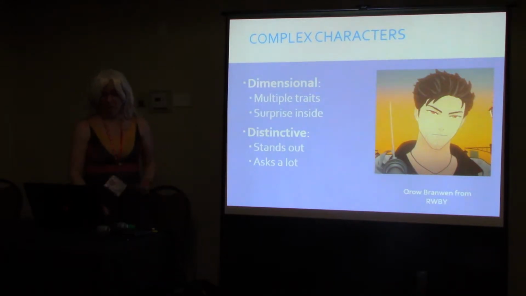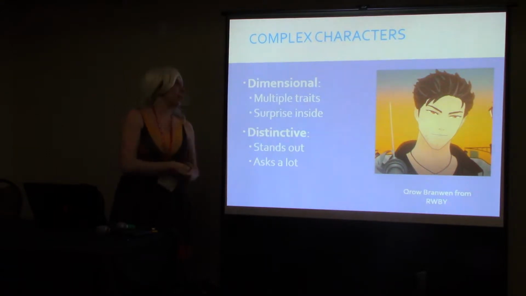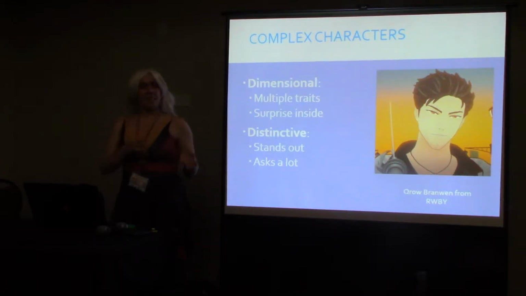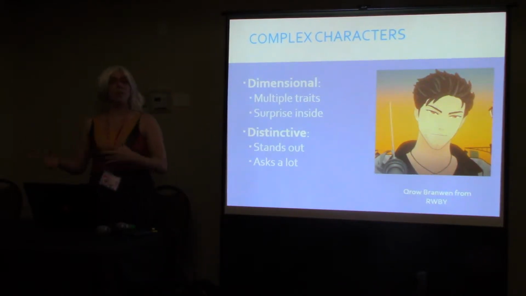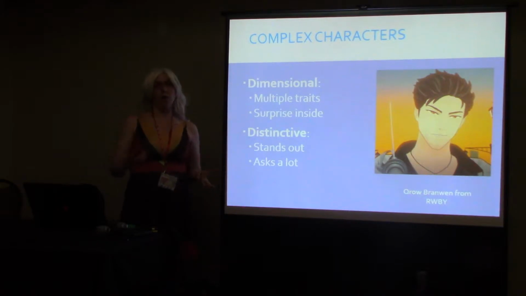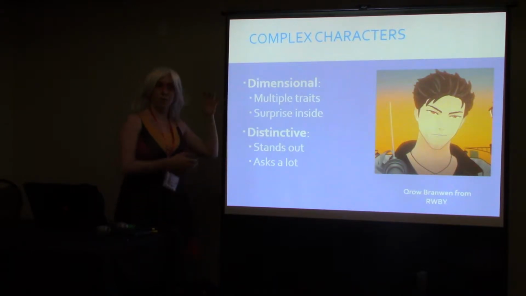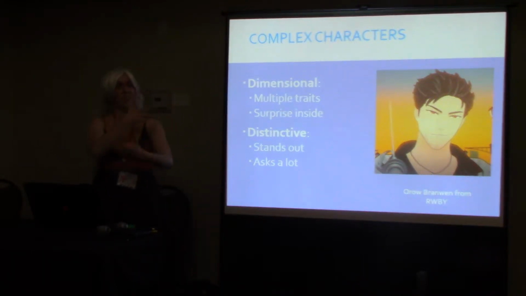So for contrast, a complex character, being the opposite of a simple character, of course, is going to have multiple traits. They are dimensional, they are distinctive. Instead of being indicative of someone else or something else, they stand out all on their own. So that's their distinction. The different dimensions are having a lot of different personality traits, usually ones that contradict one another.